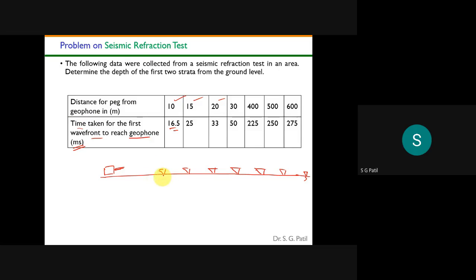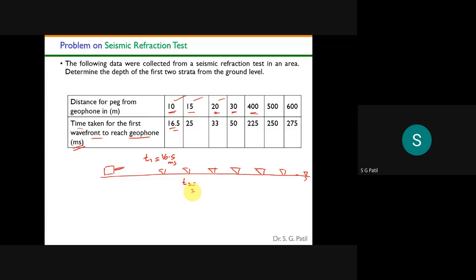The distance of the peg from the geophone: at 10 meter, the first geophone is there. At 15 meter, second geophone. At 20 meter, third geophone. At 30 meter, fourth. At 400 meter, and so on. And the arrival time: T1 is equal to 16.5 millisecond.